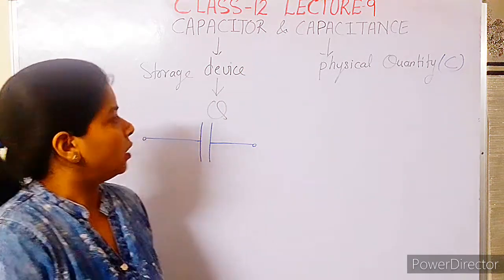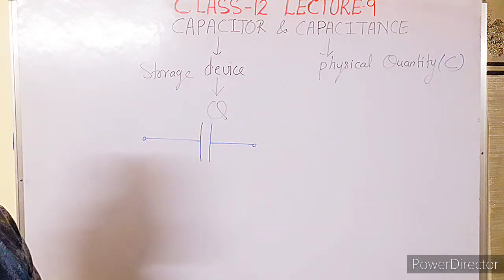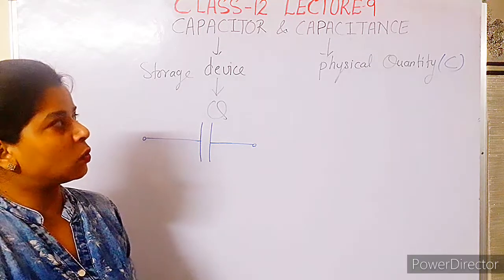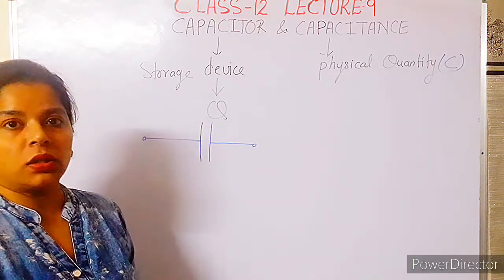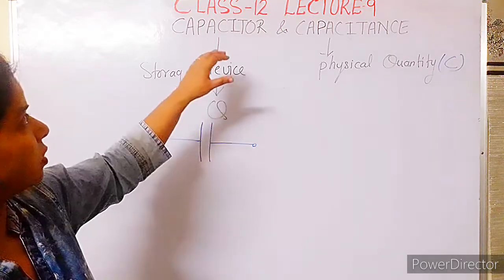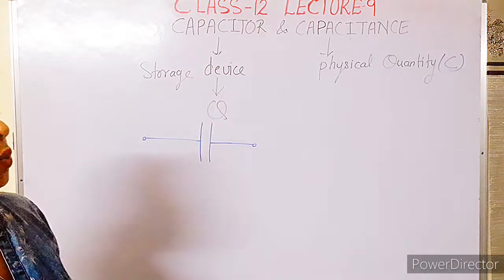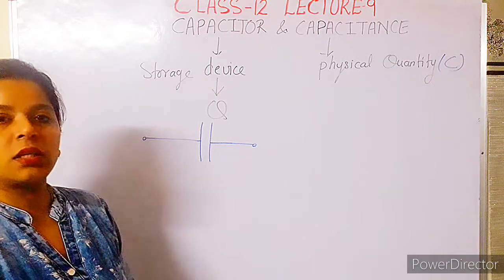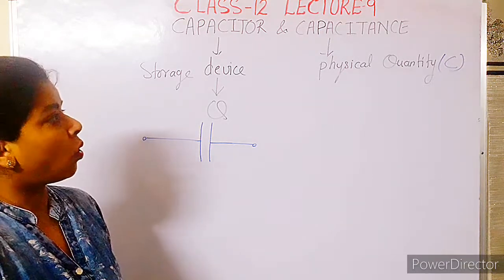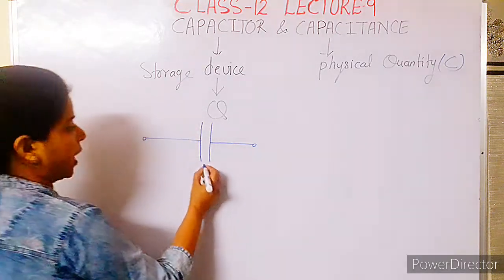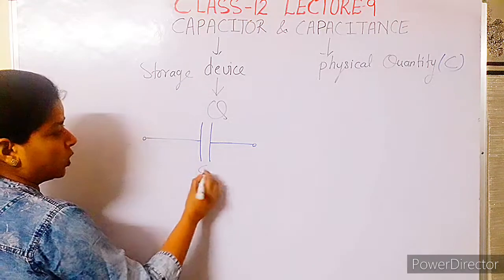Gauss theorem, the electric field concept, potential gradient, and other quantities are used in the theory of capacitor and capacitance.